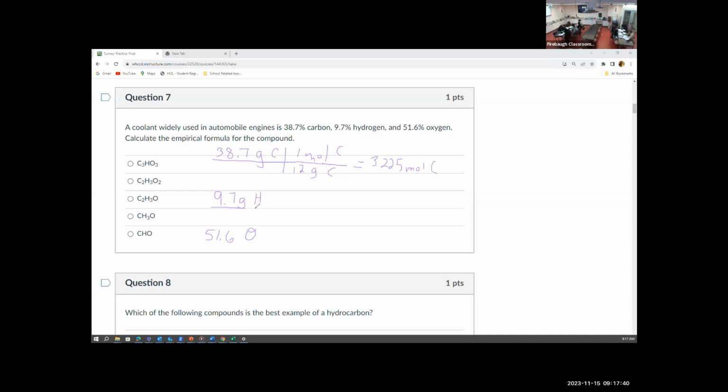Then we have hydrogen, this one is about 1 gram, right? 1.008 of hydrogen, 1 mole. That's just going to be 9.7. Then our last one is oxygen. Oxygen weighs, so let's just say 16.